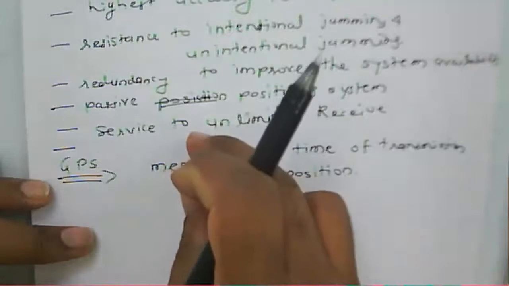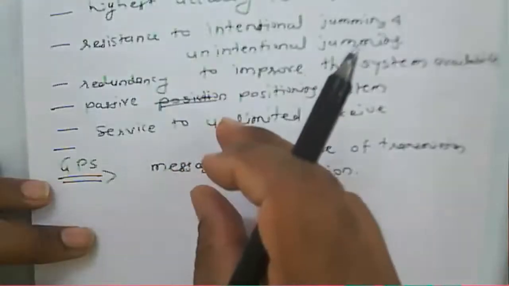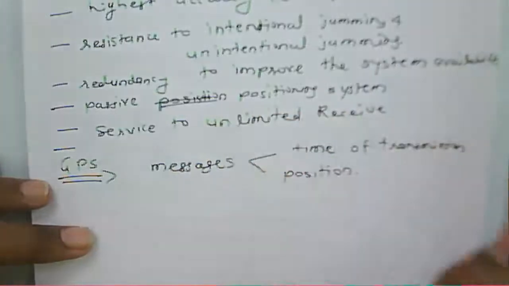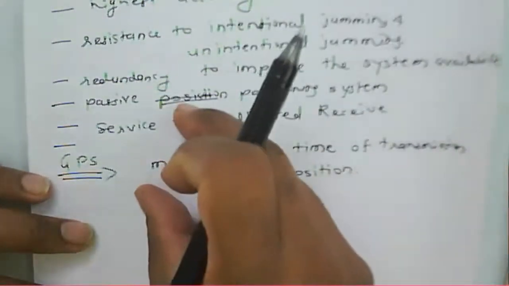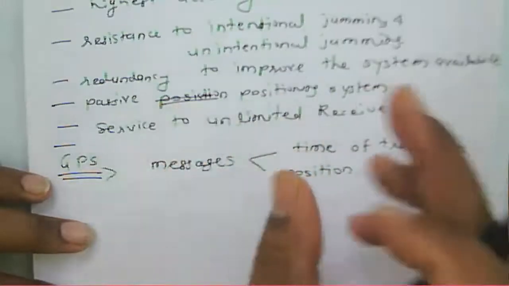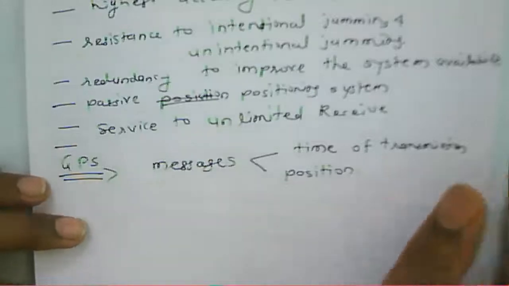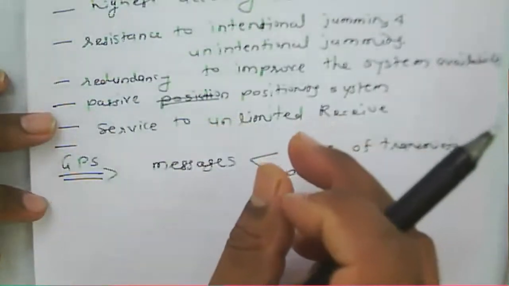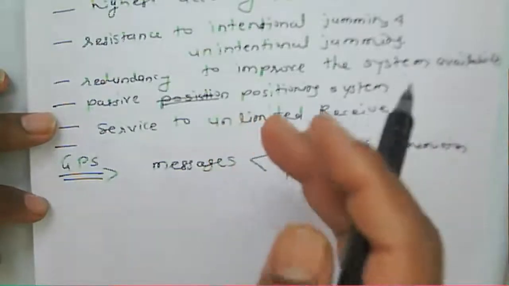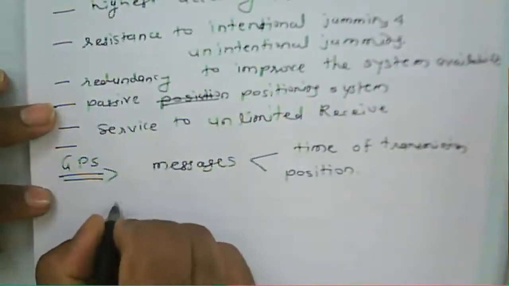But that message is transmitted by the satellite, and the satellite doesn't know who is receiving the signal. The satellite is not aware of who is receiving that particular signal. So that's why in this GPS system, the receiver location is secure.